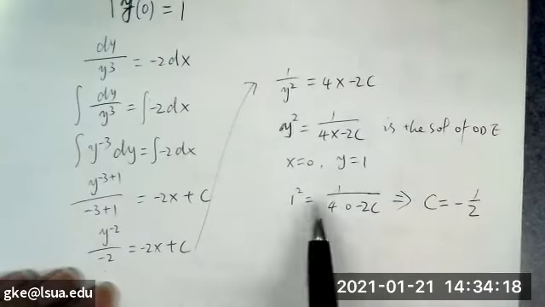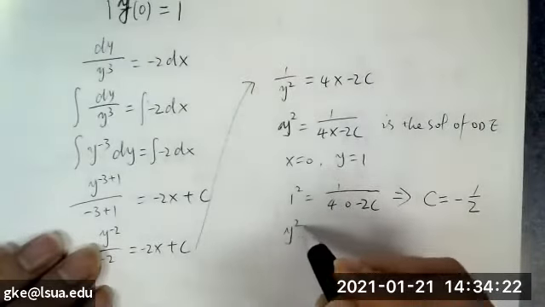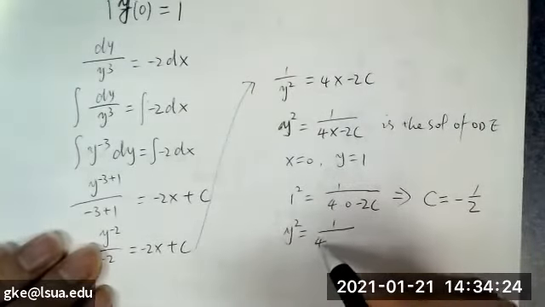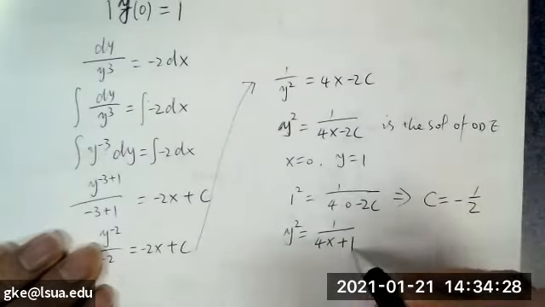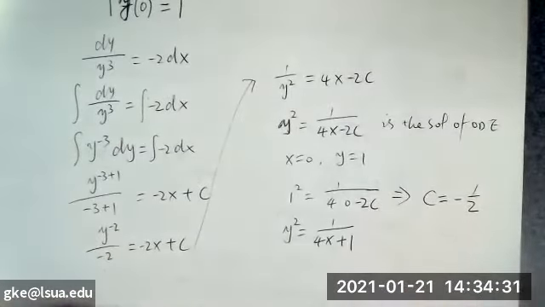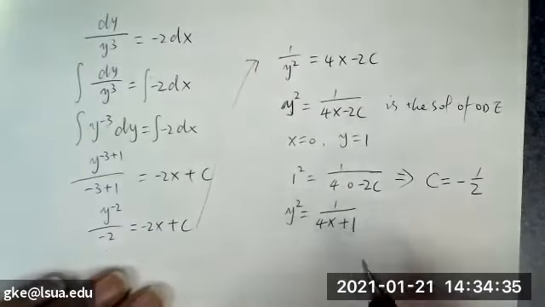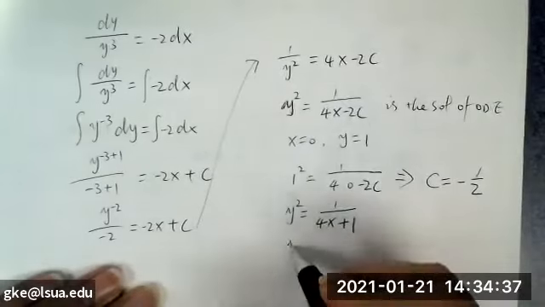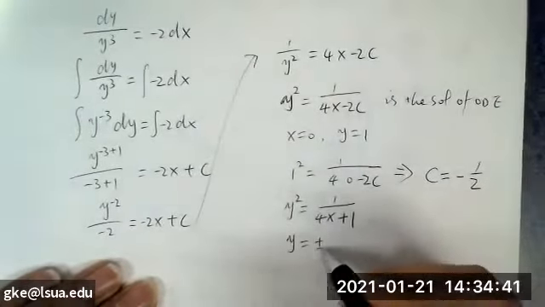Negative 2c goes here, and you're going to get c equals negative 1/2. And when you plug in, you're going to get negative 2 times, it's going to be 4x plus 1. Okay, 4x plus 1.